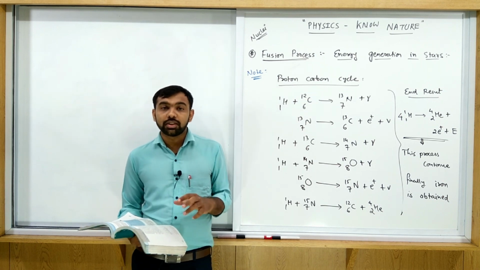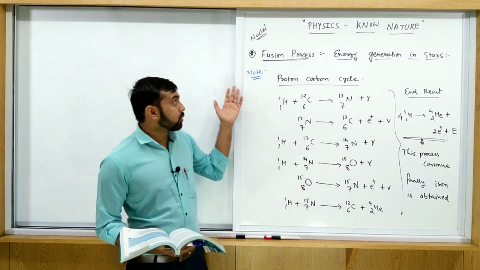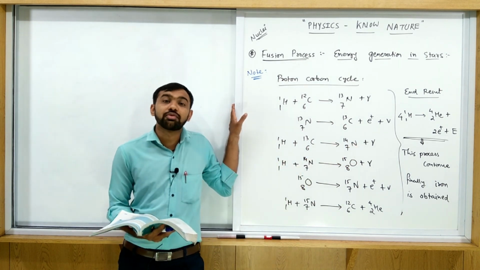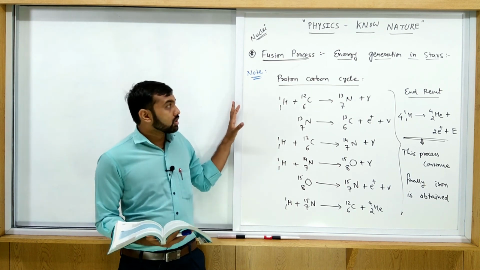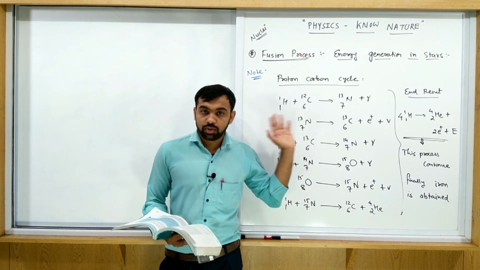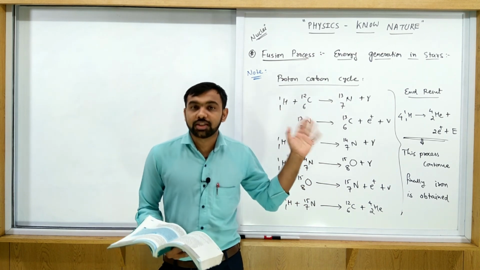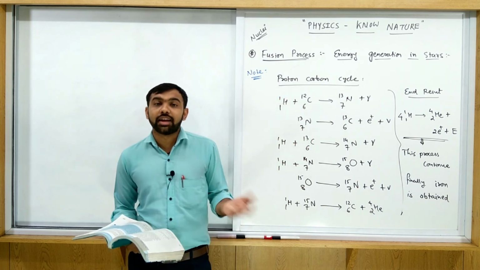But what is the problem? This process occurs at a very high temperature, so sustaining such a high temperature is quite difficult with any type of structure. All the countries are working on this, and if this process is possible, it gives us infinite energy.